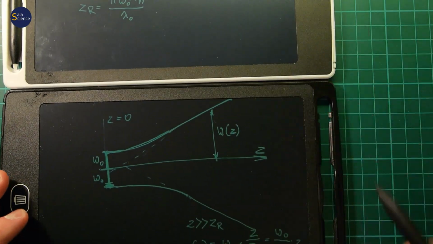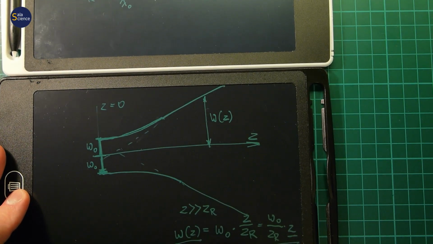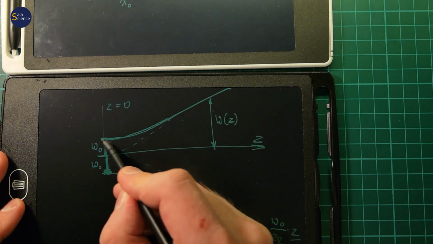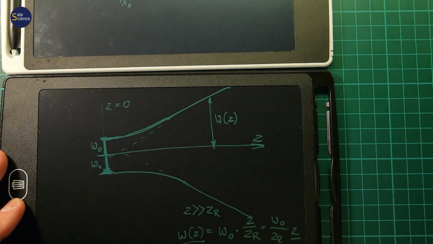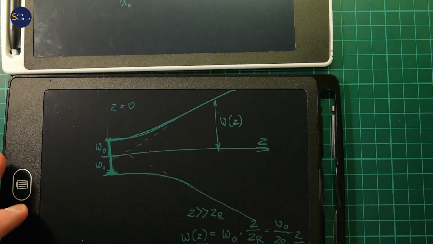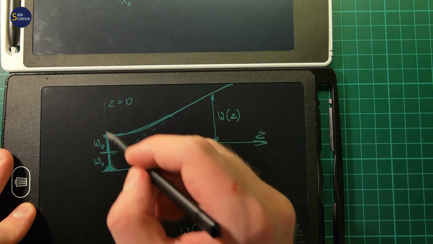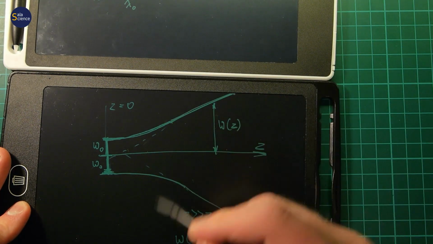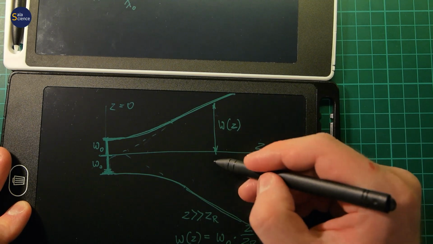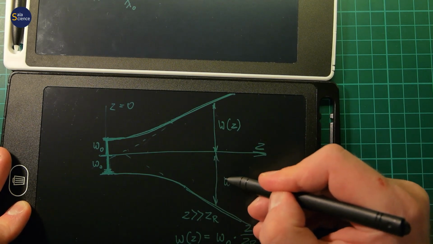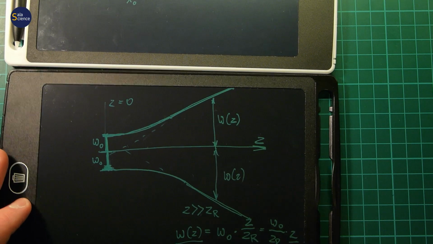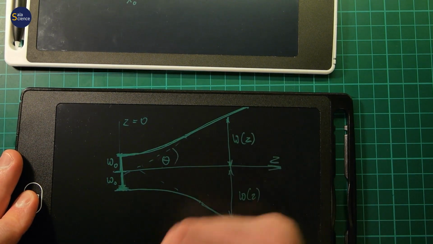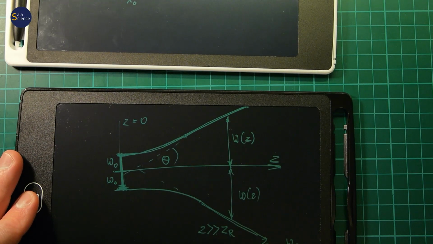Okay, and now we can approximate the width far from the waist. This point is called the waist because here the beam has the narrowest point. And far from the waist, far from this narrowest point, we have a linear increase of the width W of z. So we can also calculate some angle of diffraction.